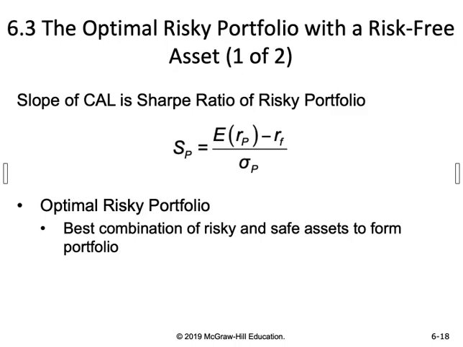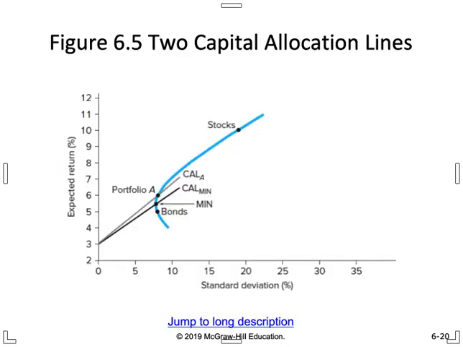So the optimal risky portfolio is the best combination of risky and safe assets. So what makes it the best? We're going to look at several criteria to identify the best combination of those assets in a few minutes. Now we throw another item into the mix here, adding the potential for a risk-free asset.